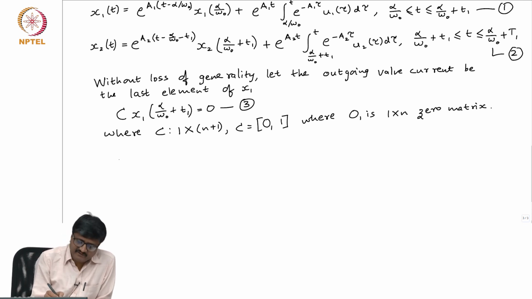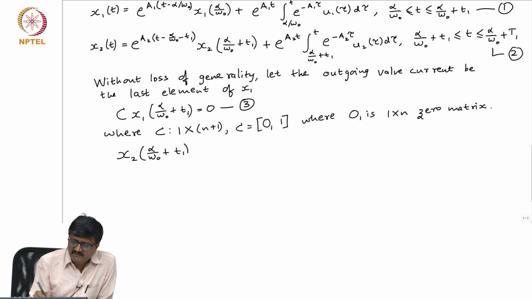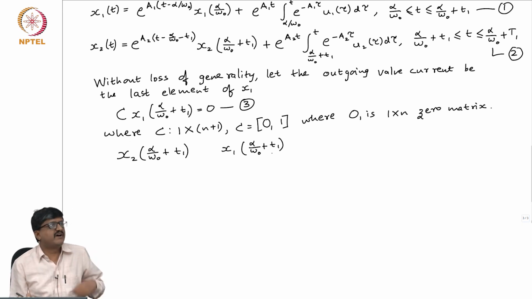See, x2 is defined only for the second subinterval and x1 is defined for the first subinterval. The beginning of the second subinterval is the same as the end of the first subinterval. So, it is alpha by omega O plus T1 for both x2 and x1. How are these two related?